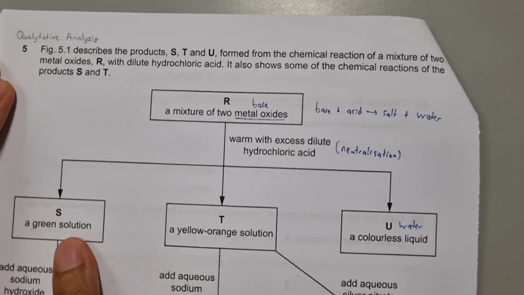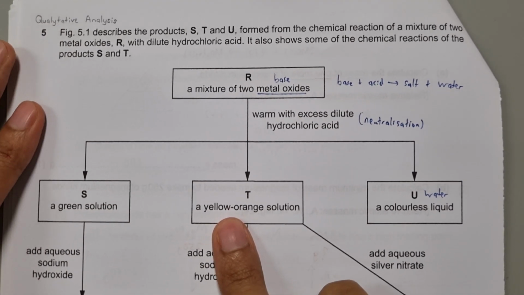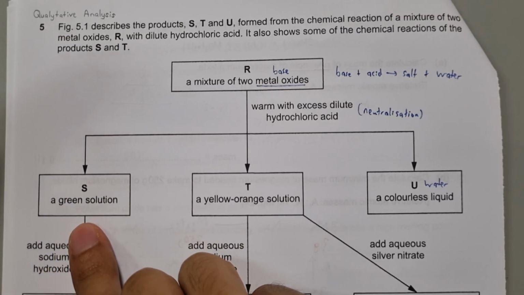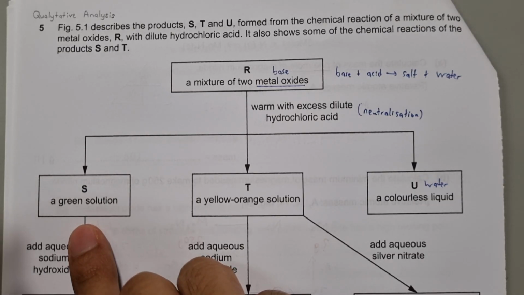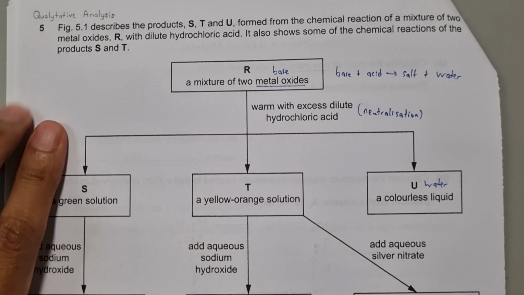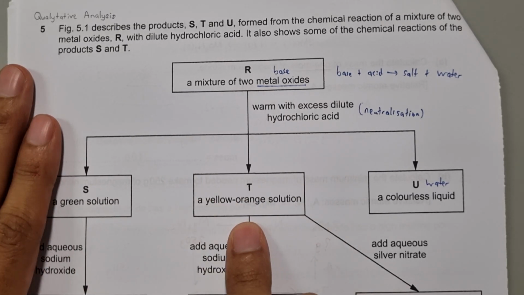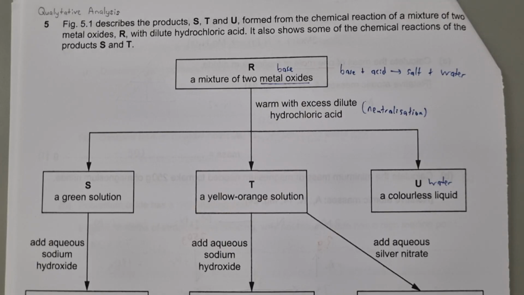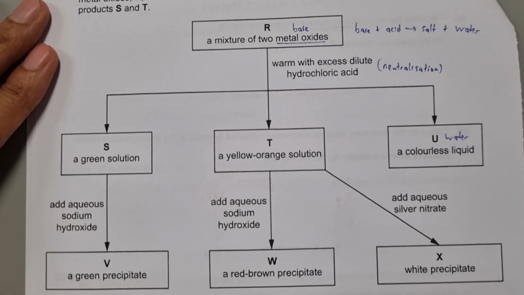Next, I have a green solution and a yellow-orange solution. Once you see a green solution, maybe it is iron 2. It contains iron 2 ions, but it can also be copper 2 because certain copper 2 compounds do form a green solution. When you see a yellow-orange solution, most likely it contains an iron 3 ion. So let's see.